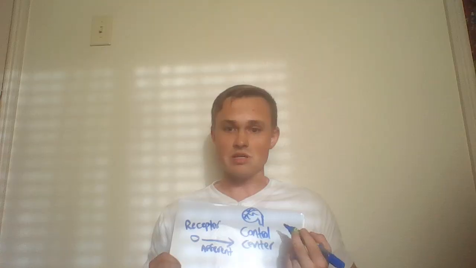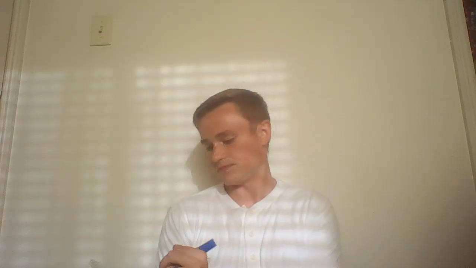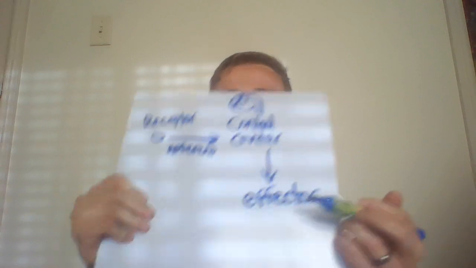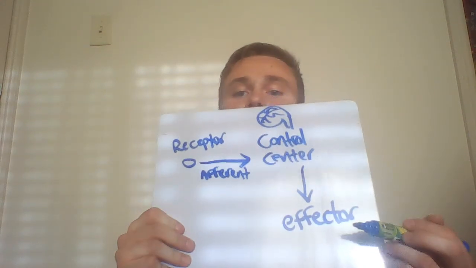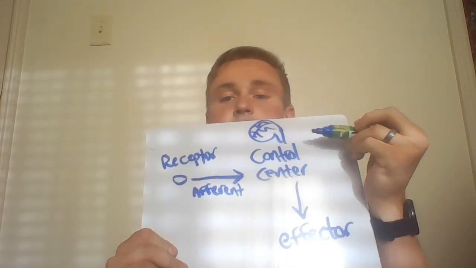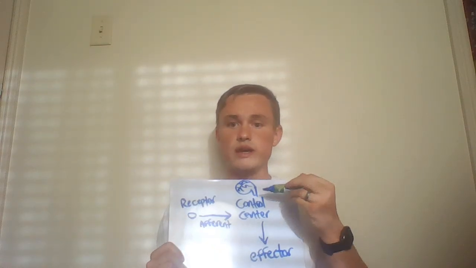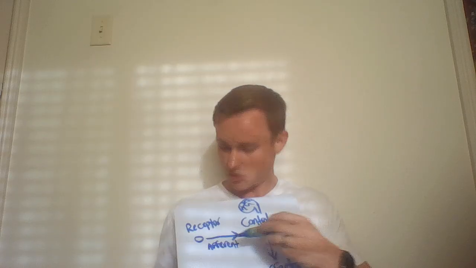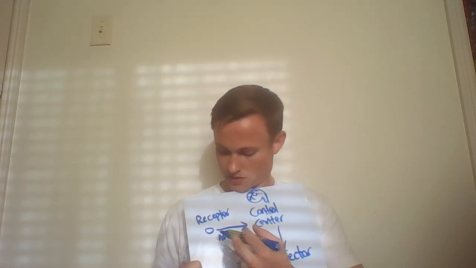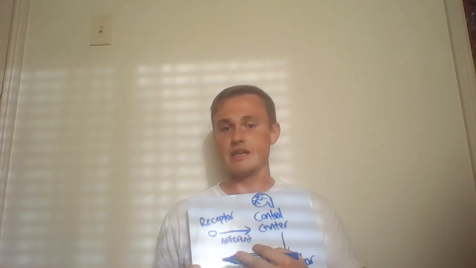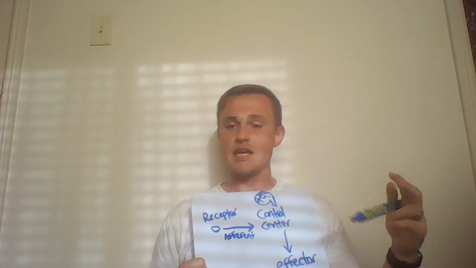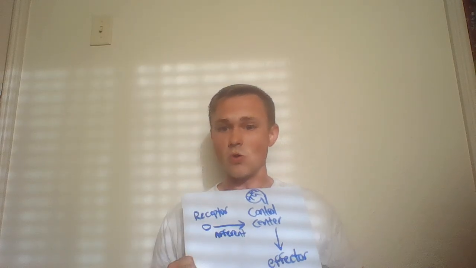Next, our control center sends information to what is called an effector. Effectors are basically the parts of our body that do the control center's bidding. So say we're really cold. Well, our brain will receive information from some receptor towards the surface of our body that senses the change in our external environment getting colder.